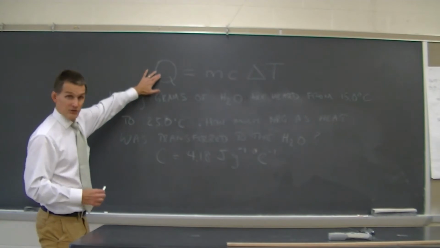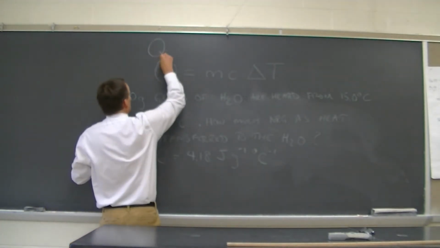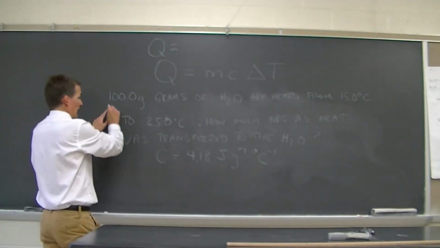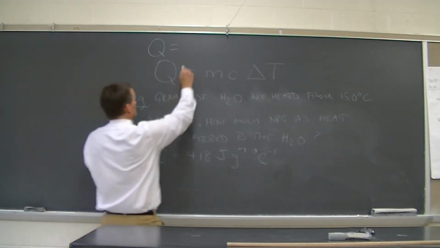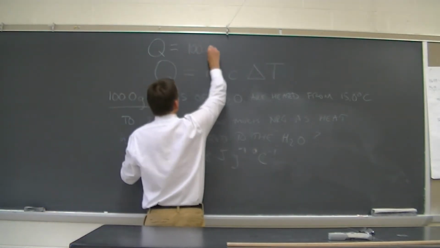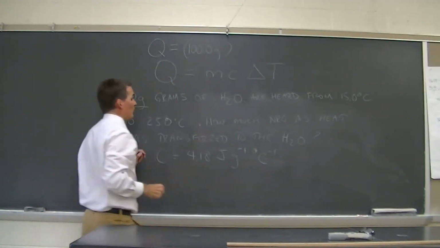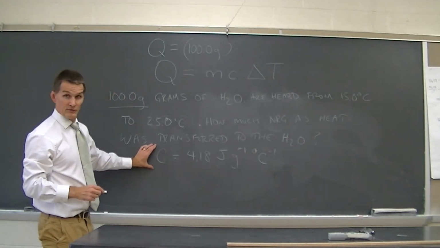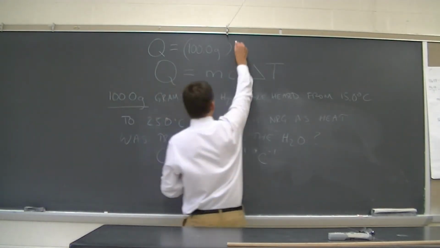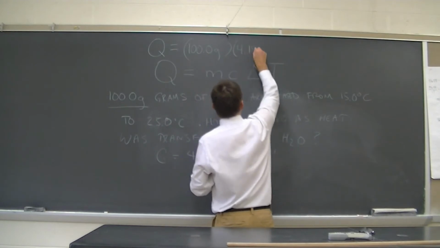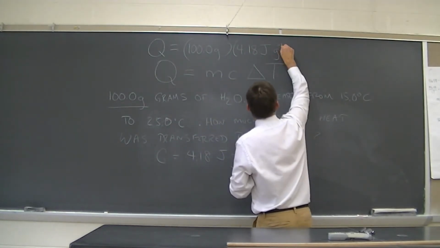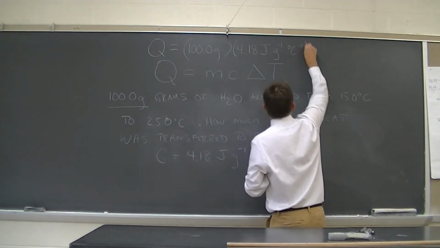We're looking for the energy gained as heat, Q. We'll plug in our mass, which is 100 grams. We'll multiply that by our specific heat for liquid water. It's going to be 4.18 joules for every gram for every degree Celsius.